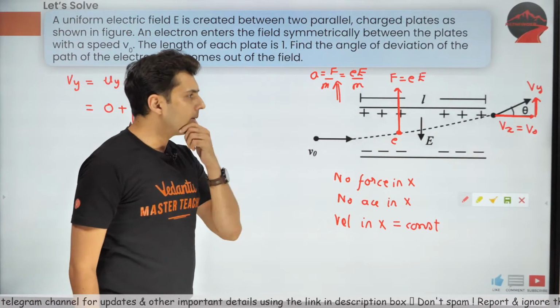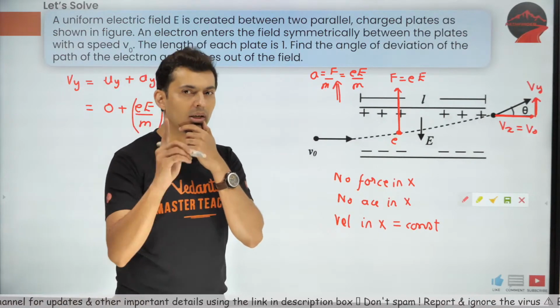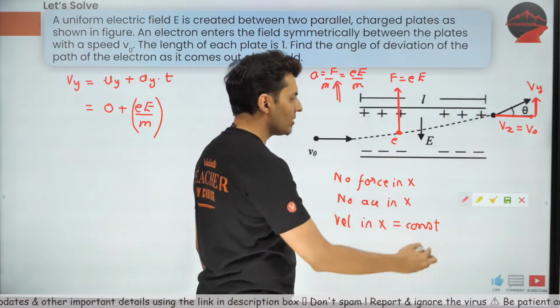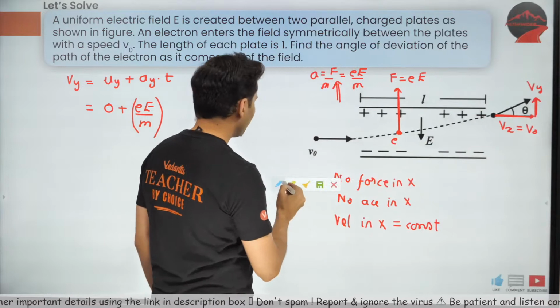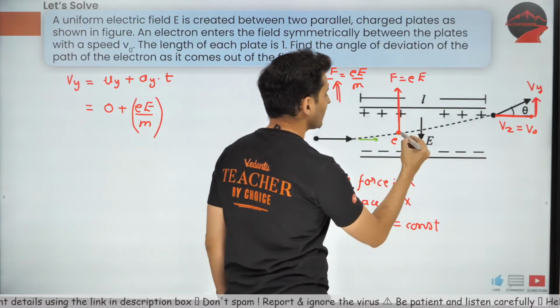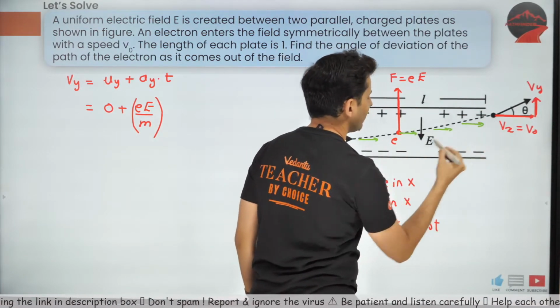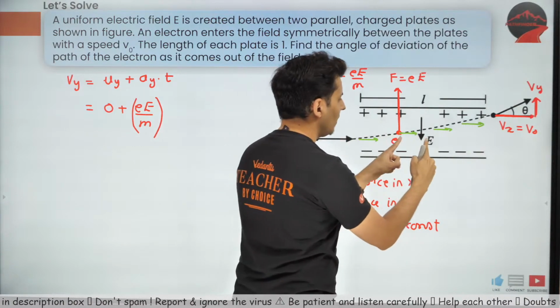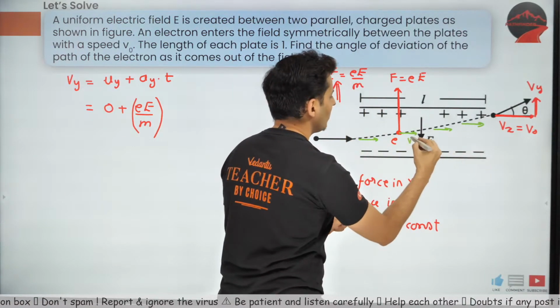Now what about the time? How much time do you think it will spend? Well, that's not difficult to figure out. It was moving with constant velocity in the x direction, always V naught.